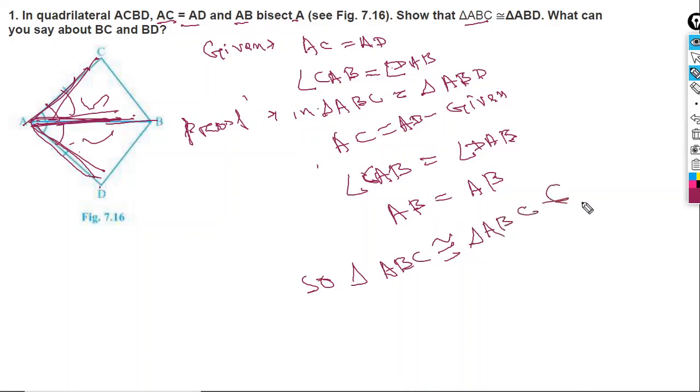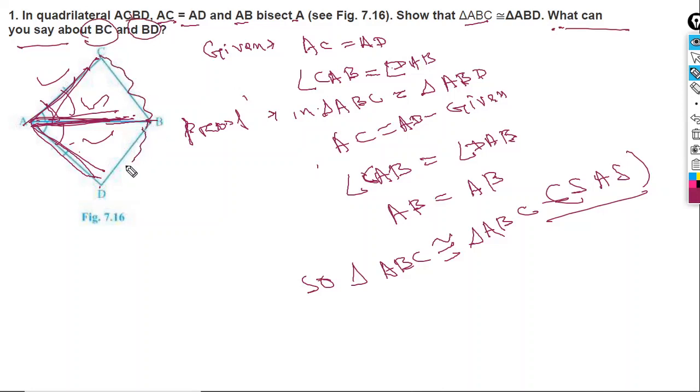What is the rule of congruency? Congruency rule is side angle side. Now both the triangles are congruent. Therefore, the question is saying, what can you say about BC and BD? Look at the figure, this side BC and BD.